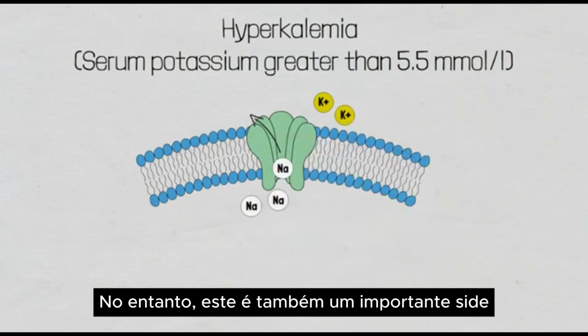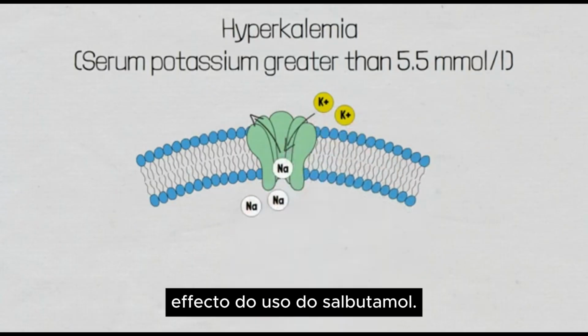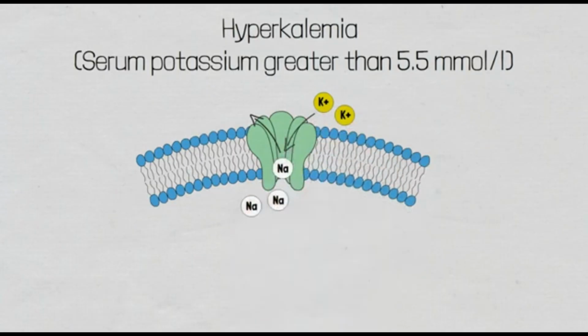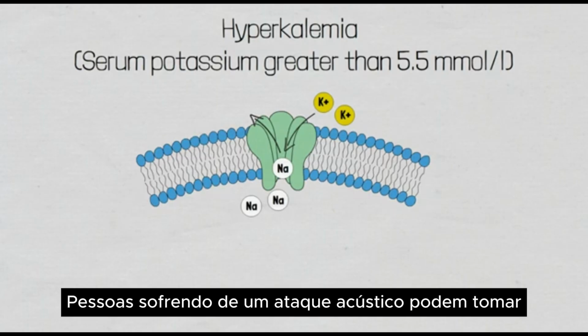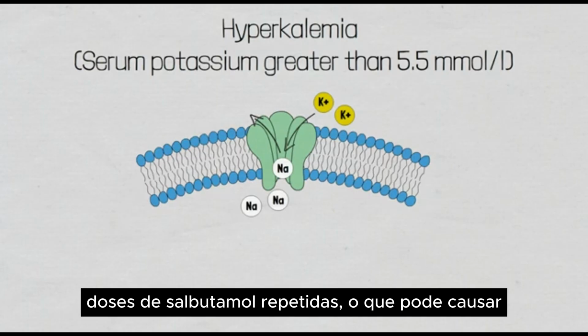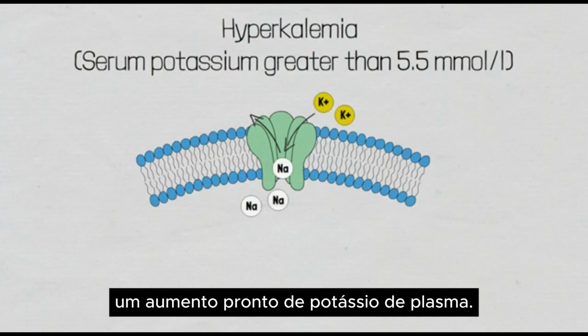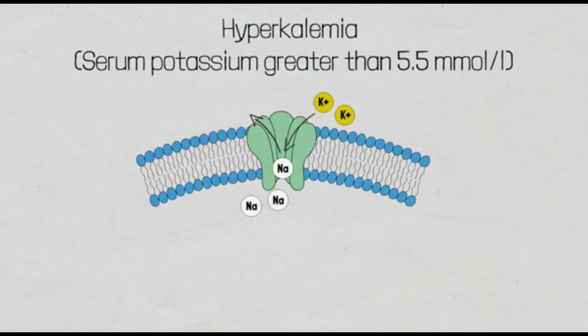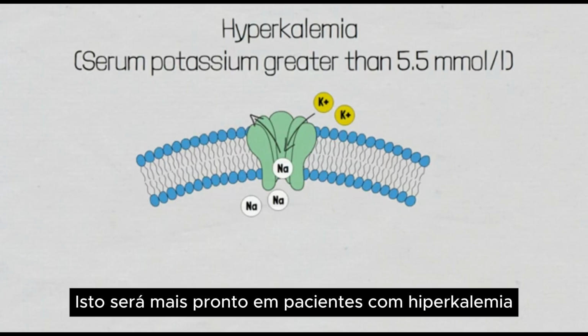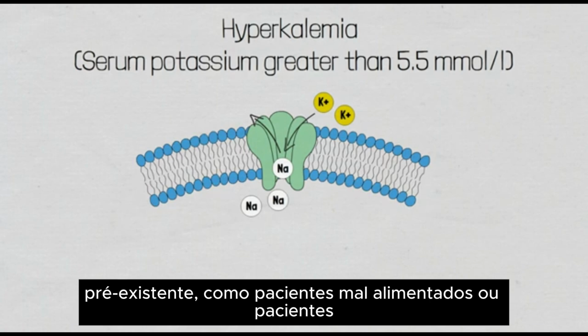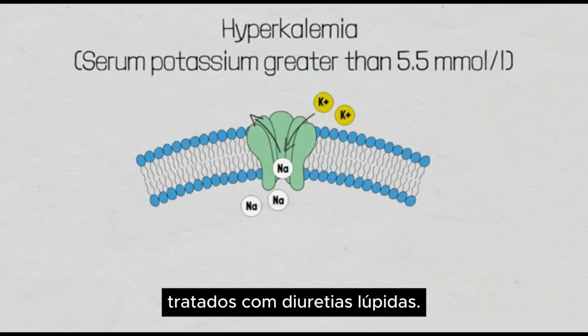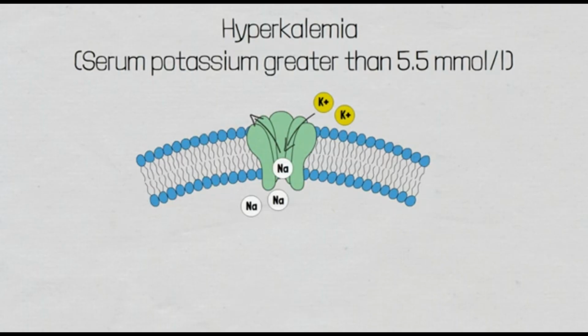However, this is also an important side effect of salbutamol use. Patients suffering from an acute severe attack may take repeated salbutamol doses, leading to a pronounced drop in plasma potassium. This will be more pronounced in patients with pre-existing hypokalemia, such as malnourished patients or patients treated with loop diuretics.